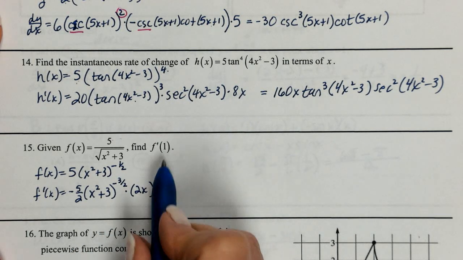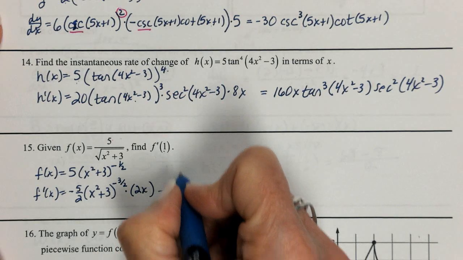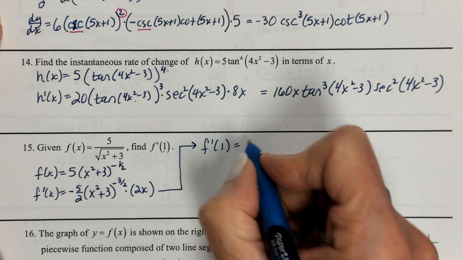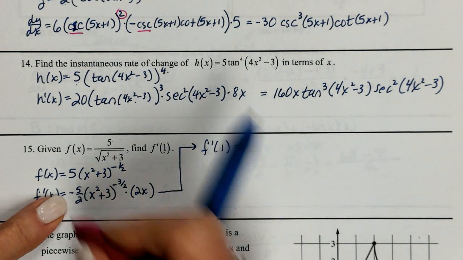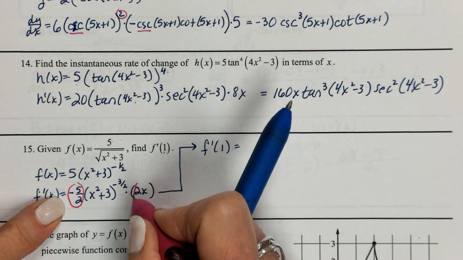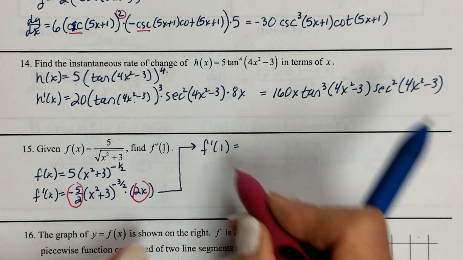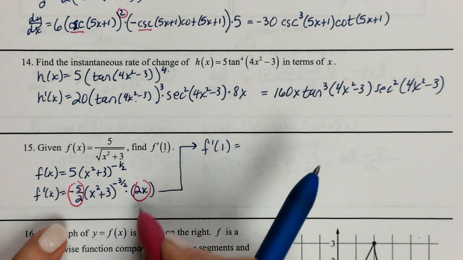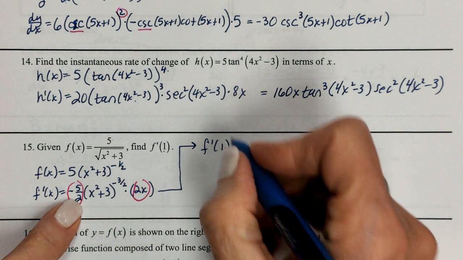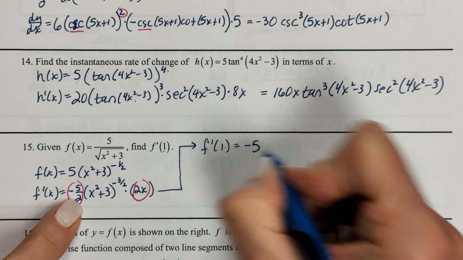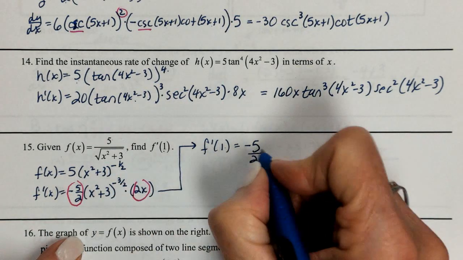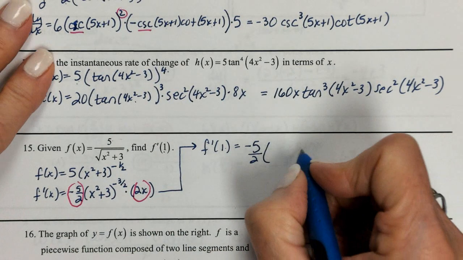Okay, we're plugging now 1 in for x. So I have negative 5/2 times 2x, but x is 1, right? So that's just going to be, the 2's will reduce out, and I'm going to be left with negative 5. Yeah? Let me do that slower. Negative 5/2 times, I'm just going to do it slower in pieces.